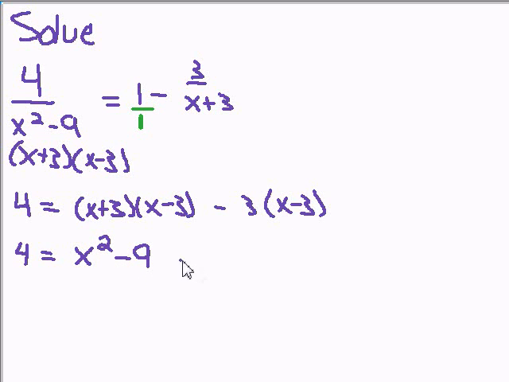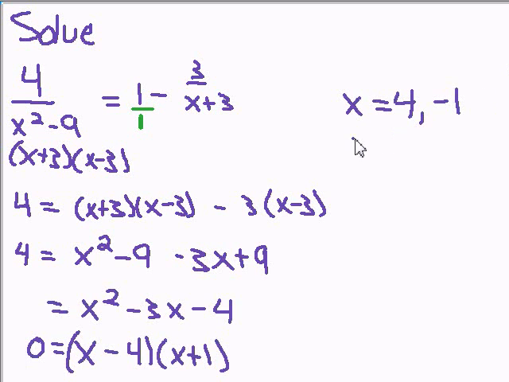Writing x squared minus 9 equals negative 3x plus 9. Solving it out the rest of the way, I get 4 and negative 1. When you check these two solutions, you'll find out this time both solutions work. So 4 and negative 1 are our solutions to this equation.